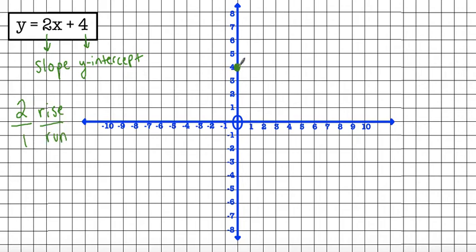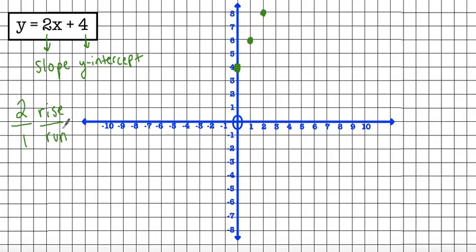And what that means is starting at this coordinate here, we're going to go up 2 units and over 1, and then up 2 units and over 1. Because our slope represents a rate of change, if we do have a whole number here and you want to write it as a fraction, the best case is to write it over 1. Or if you just know that it's 2 over 1, that's perfectly fine.